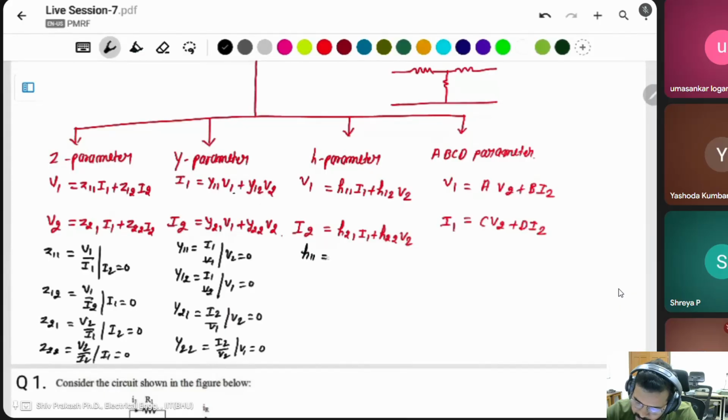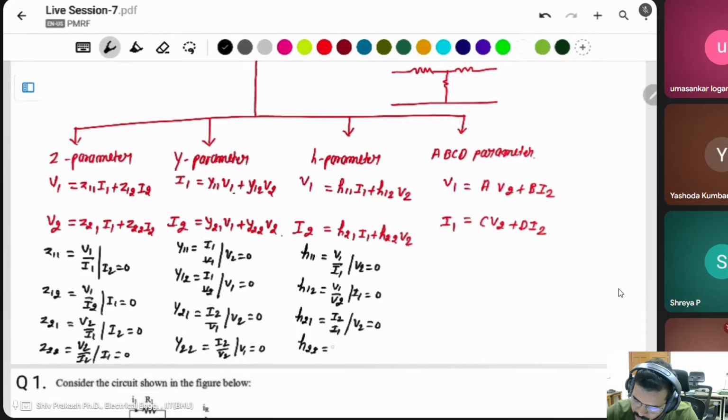The same can be modeled for these two also. H11 is V1 by I1, when V2 will be 0. H12 is V1 by V2, when I1 will be 0. H21 is I2 by I1, current gain, when V2 will be 0.